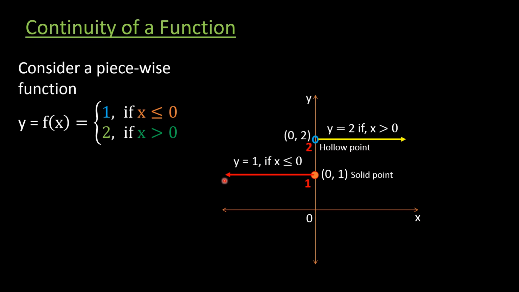We observe that while drawing the graph of this function, first we have to draw the horizontal line y equals 1 up to the solid point (0, 1), and we had to lift our pencil at the hollow point (0, 2) and draw the graph of y equals 2 towards the right.